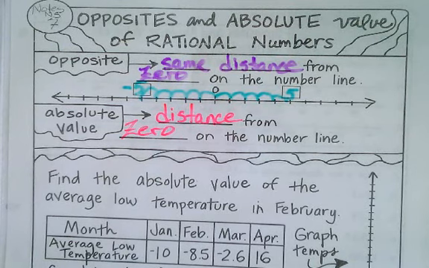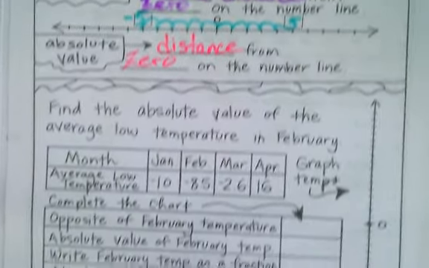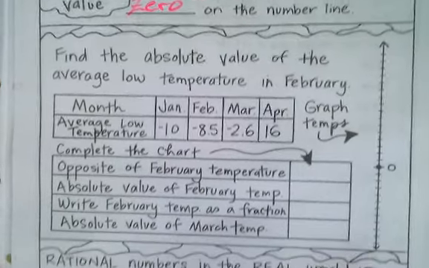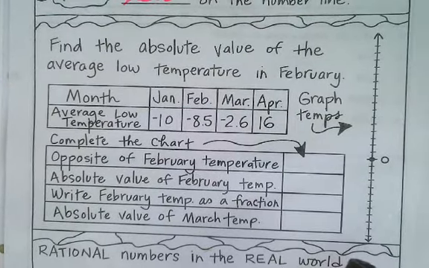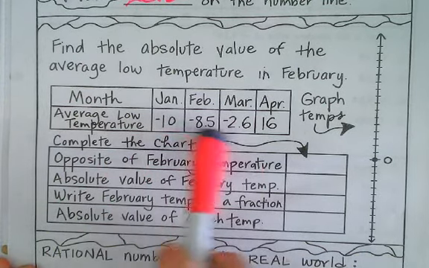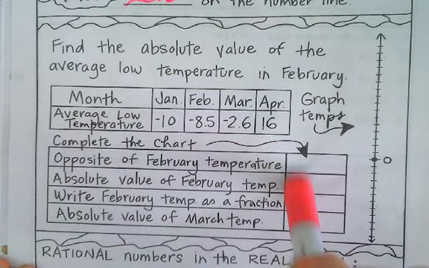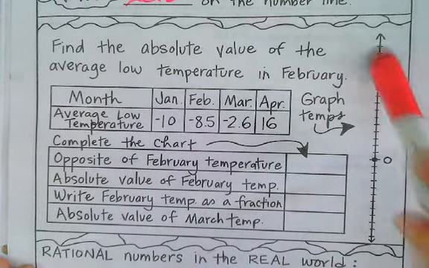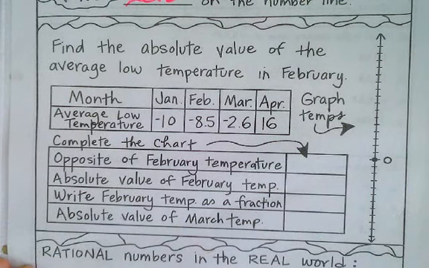Let's go down here to the bottom. It says find the absolute value of the average low temperature in February. So it gives us the information. We're going to complete the chart, and then we're going to graph the temperatures on our vertical number line.